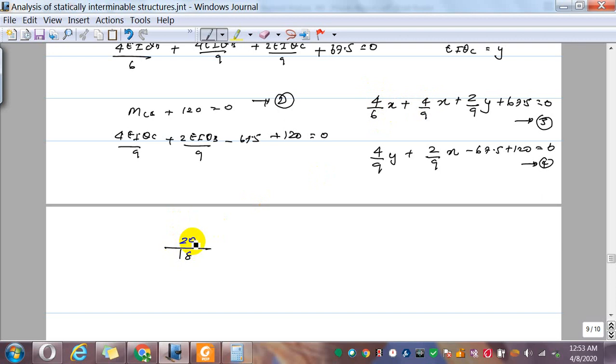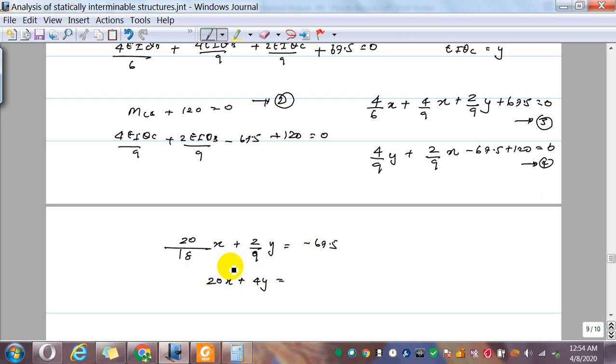So 20x plus 4y is equal to minus 67.5 into 18.